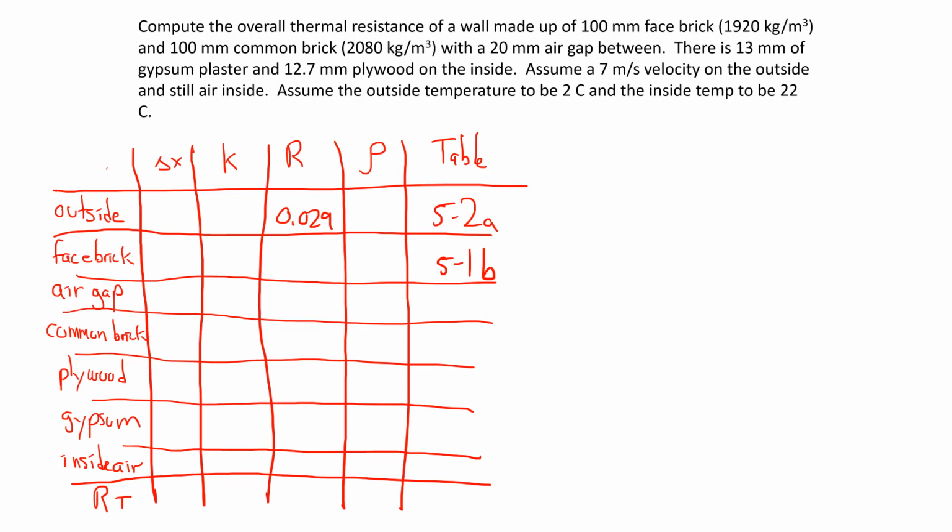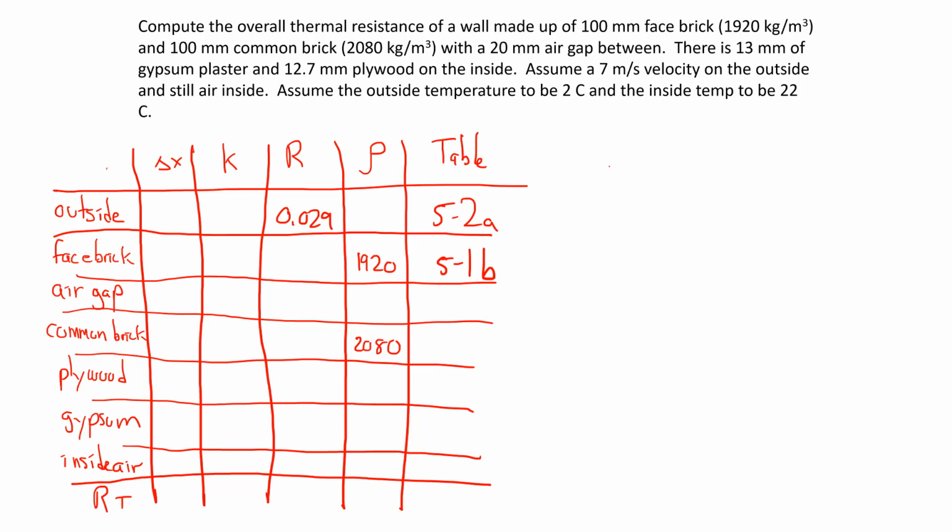Okay, so if you look at the middle of page 127, right under masonry materials, you see two different types of brick, right? So here it's telling us that face brick has a density of 1920 kilograms per meter cubed, and common brick has 2080. It gives you a conductivity range.